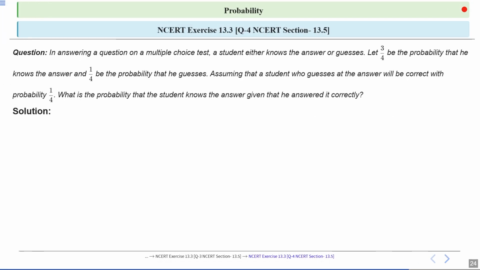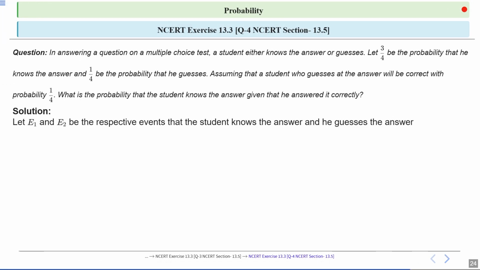So let's start the solution step by step. Let E1 and E2 be the respective events that the student knows the answer and he guesses the answer, and let A be the event that the answer is correct. Therefore, probability of E1 equals 3 by 4 and probability of E2 equals 1 by 4.